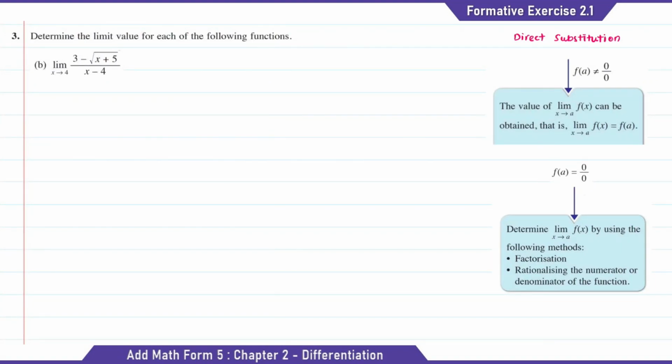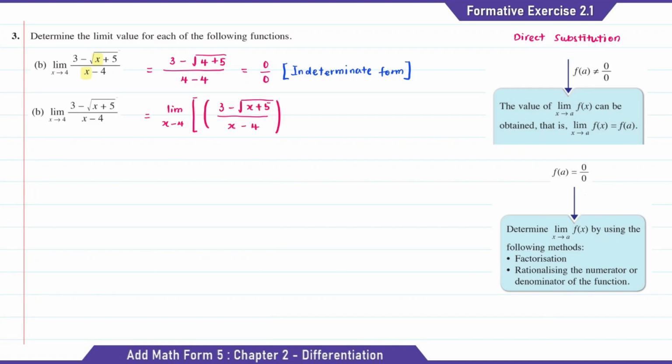Question B. As x approaches 4, then I'm going to substitute the x here with 4. So the answer of this is 0 over 0. To find the limit value for B, here I need to rationalize the numerator. So here the conjugate for the numerator will be 3 plus square root x plus 5.